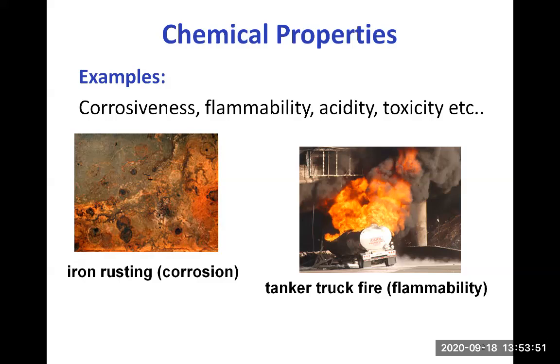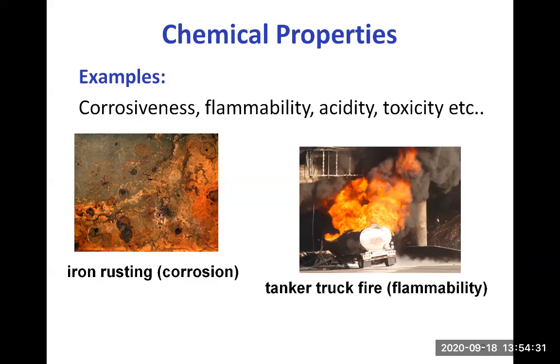Flammability, like the example shown, with that tanker truck on fire. The truck was carrying something flammable, for example, gasoline or hydrogen, like we saw with the Hindenburg. Any substance that is flammable, so many organic solvents or some gases are flammable, and so just a spark will trigger the combustion of that substance, and so that means it's flammable.